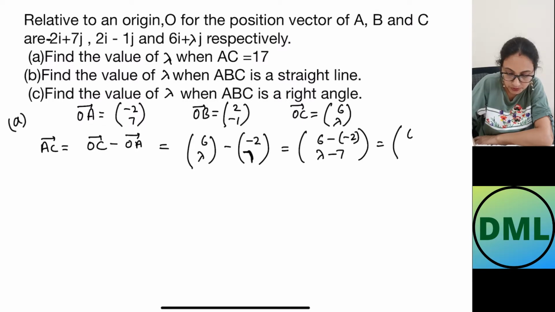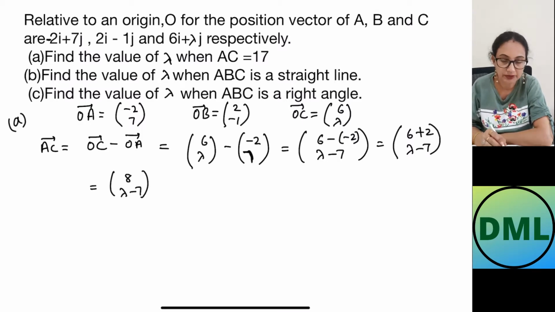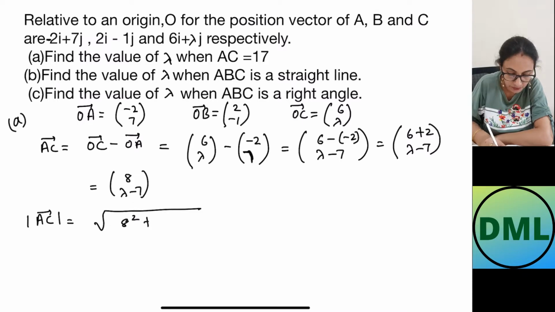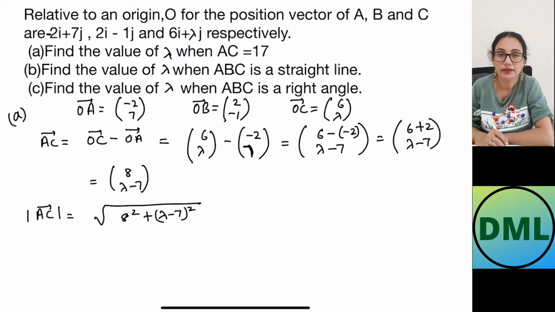That is equal to 6 plus 2 and lambda minus 7. So that is equal to 8, lambda minus 7. Now I need to find out the length AC. That means I need to find out the modulus of AC. So the mod of AC is given by root of 8 square plus lambda minus 7 the whole square. So the length of AC is given by 17 to us.